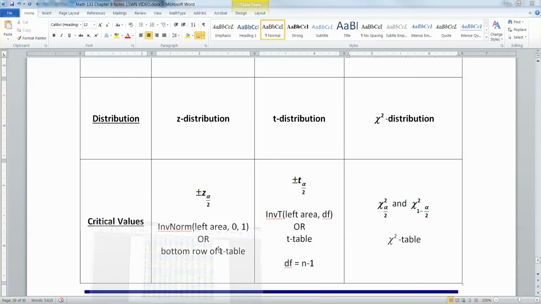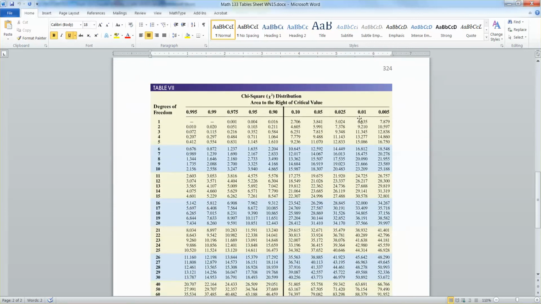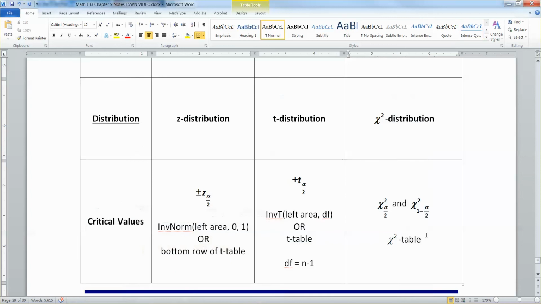So I'm going to go grab the table so you can see. And remember that you have two values. One will be on the right, one will be on the left. Your degrees of freedom is n minus 1. So chi-square table, your degrees of freedom is still n minus 1, just like it was for a t distribution. But you don't have the calculator options on this one the way you do for t and z's.